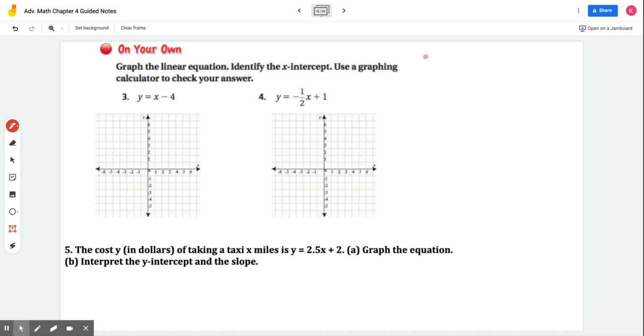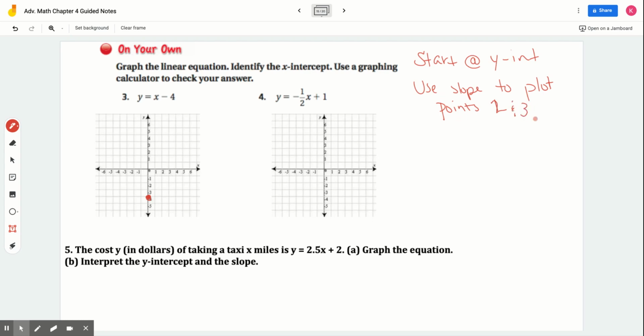So we start our graph at the y-intercept, which is negative 4. So we're going to plot a point at negative 4. Then use the slope to plot points 2 and 3, because we've already plotted point 1.